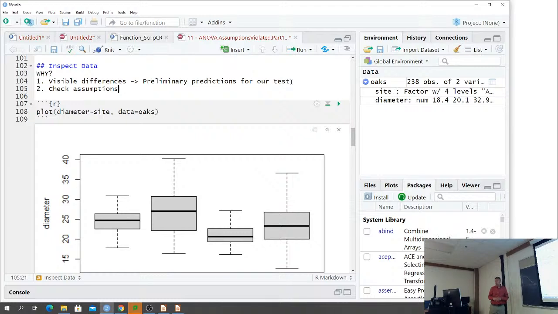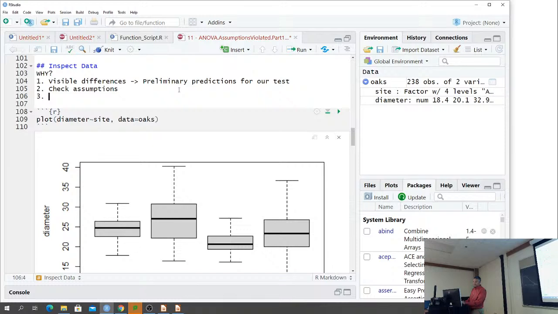We're looking for equal sizes of our IQR boxes and equal sizes of our whiskers. Does that look like that? I'm not going to be surprised if I get unequal variances. We're in the section on unequal variances, right? So you can see there's a big difference.